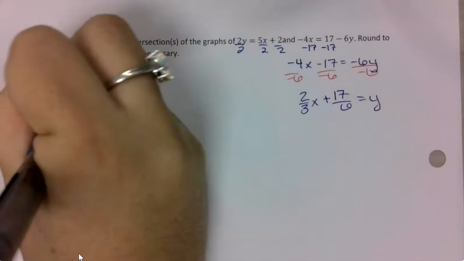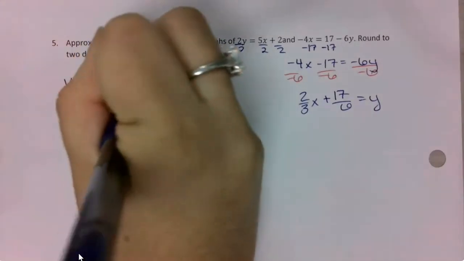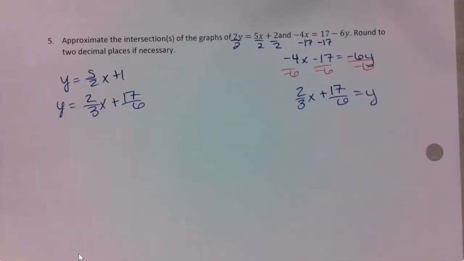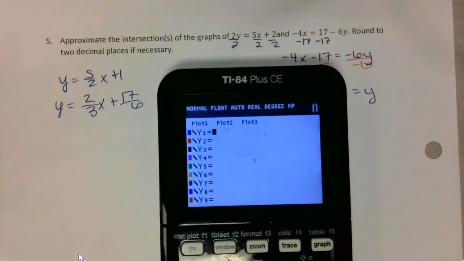I'm going to write this over here. Then I want to go ahead and type these in. So I clear out my old equations. I have 5/2 x plus 1, and then 2/3 x plus 17/6.